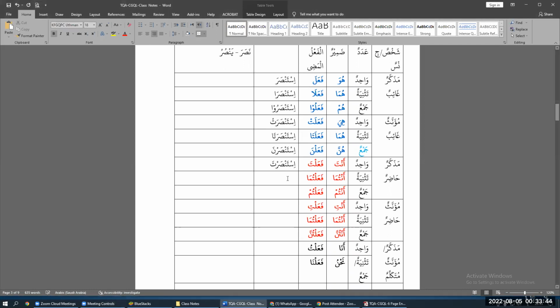Anta istansarta, antuma istansartuma, antum istansartum, anti istansarti. There is a rhythm also. Antuma istansartuma, antunna istansartunna.